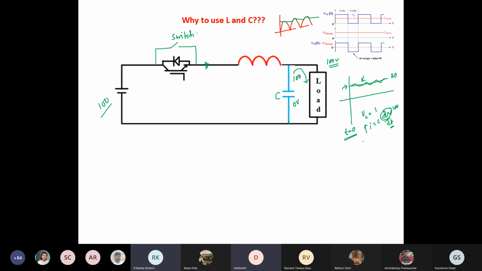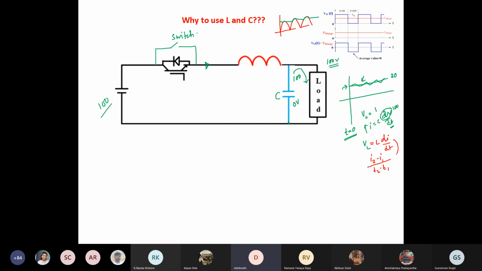Yeah, exactly. Because VL, the voltage across the inductor, is L di/dt, right? So again, same problem here. You see, in a very short amount of time, when the switch is turning off, inductor current has to go to 0. So I2 minus I1, you understand, and T2 minus T1, you try to realize.